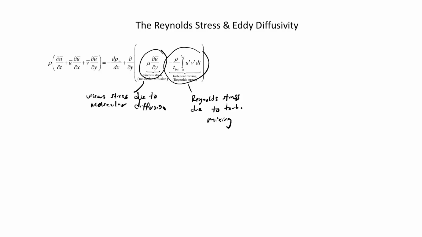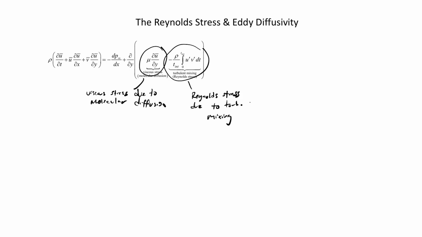But if you remember back, we decided that u prime and v prime are strongly correlated, and a disturbance in u prime leads to a negative response in v prime. And so it turns out, in fact, that second term is also proportional to the partial du bar dy, because of the correlation between those two things.